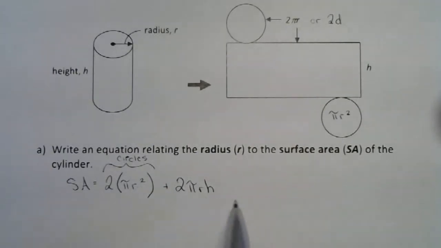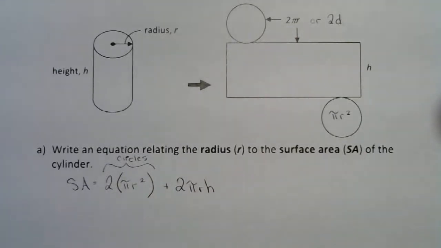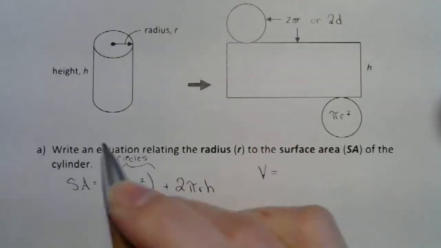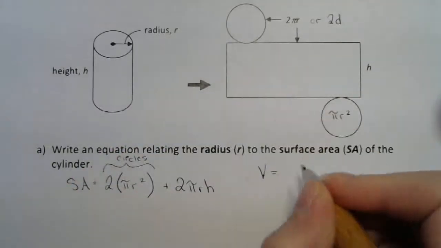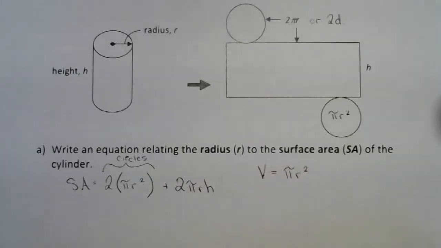Now once again, we're in a similar situation that we were last time, in that we want to relate surface area to radius. We can find the radius, but we still have this h in our formula. But remember, we have our volume formula. The volume of a cylinder is the area of the base, which is pi r squared, times the height.